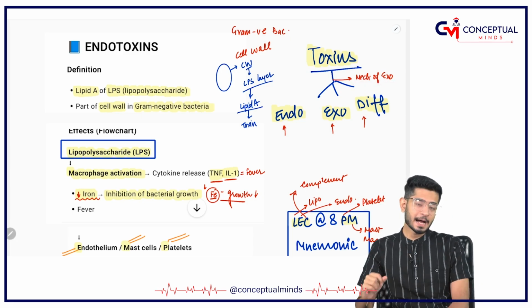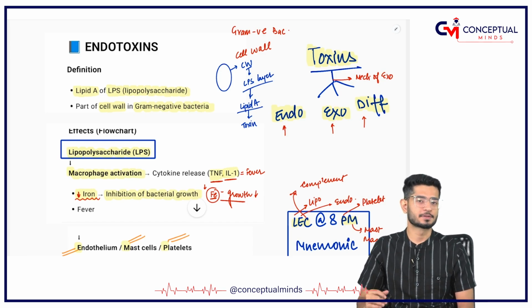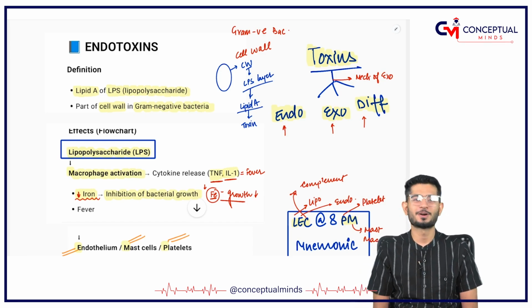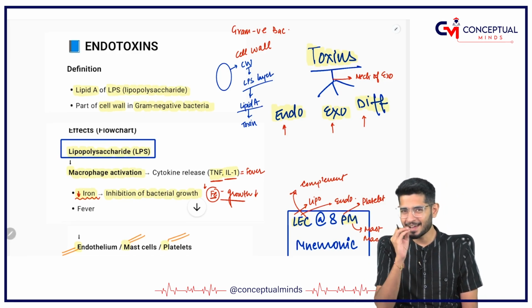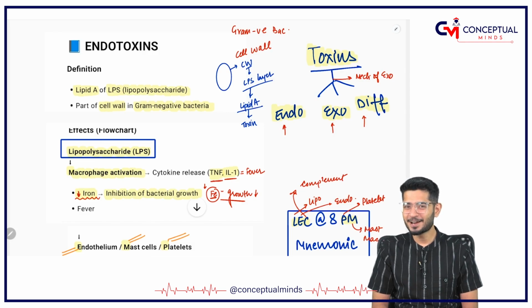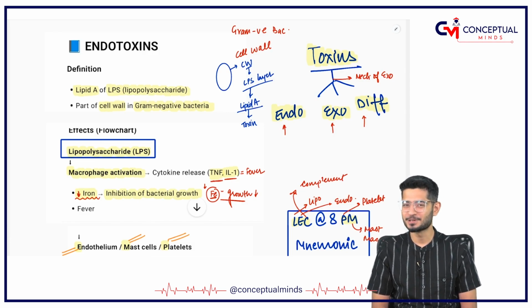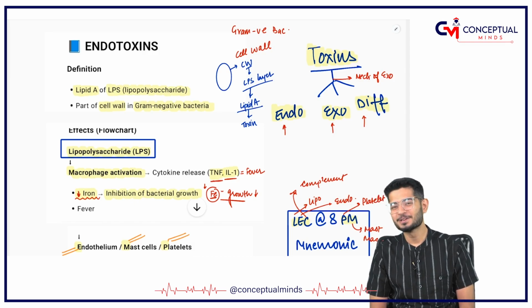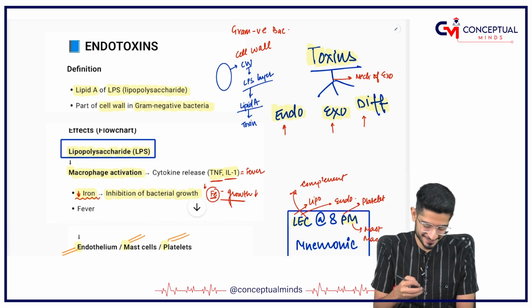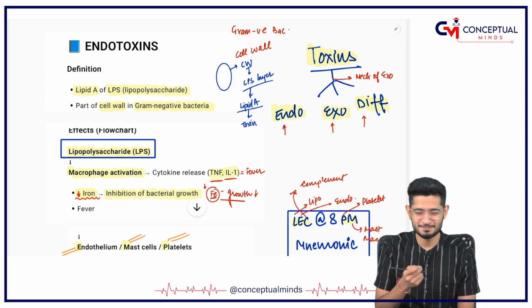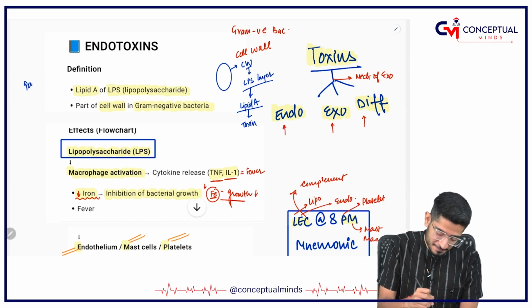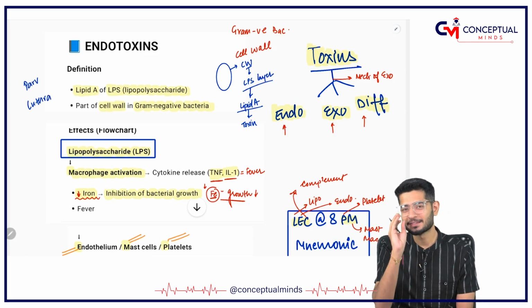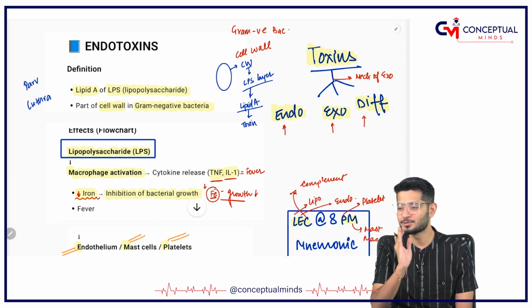So first of all, we will discuss the endotoxins, the inner toxins. I always say that I have a little narcissistic personality, and wherever suitable, I am proud and happy to use my name as the mnemonic. So remember, my surname is something we are going to use inside.